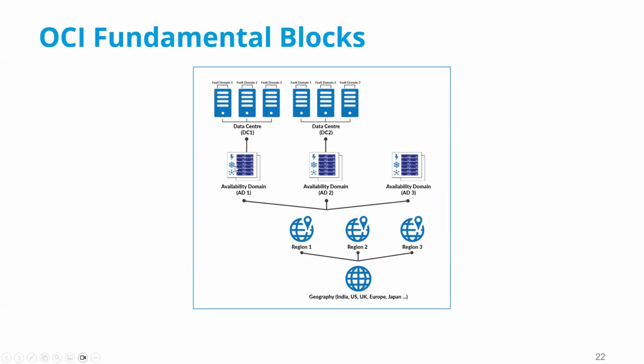Examples are US Ashburn, US Phoenix, East. Now within each availability domain, we have logical data centers. We call them fault domains. For each availability domain, we have 3 fault domains. These are logically separated, which means they do not share a single point of failure.